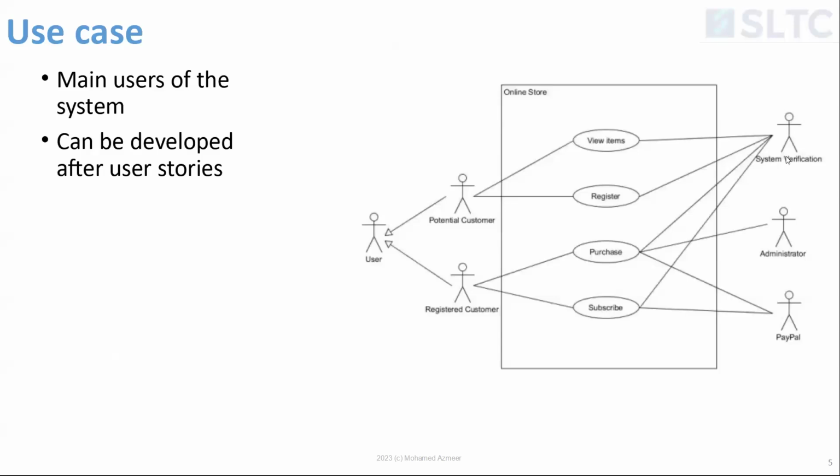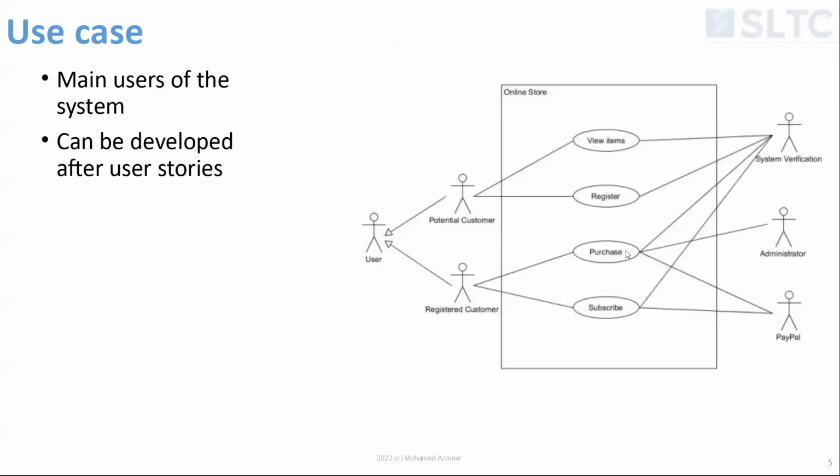So the system verification happens for all, like view item, registration of users, purchasing, as well as subscription. Whereas the administrator is interested in purchasing only. The PayPal, the payment mechanism, is interested in subscription and purchasing. Again, I'm saying this is a very simplified diagram. It's not a complete system. Yeah. But you get the picture.